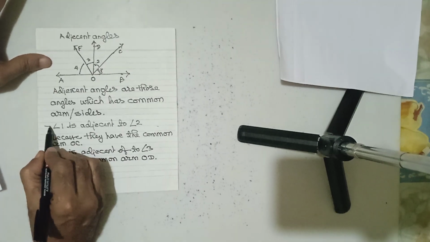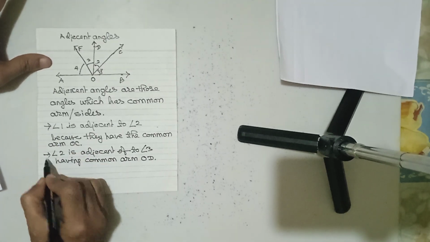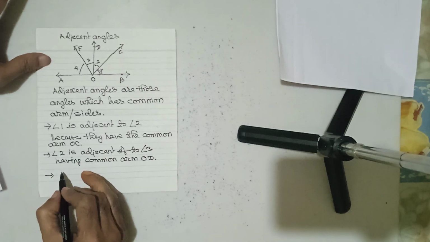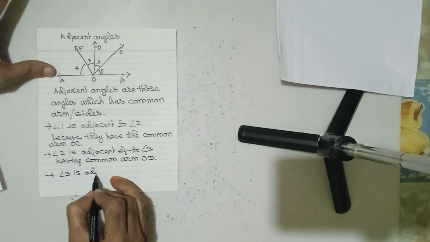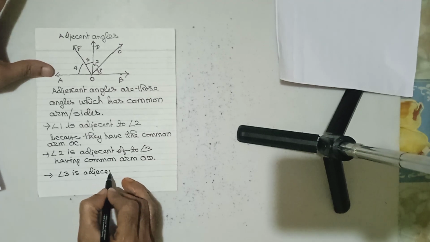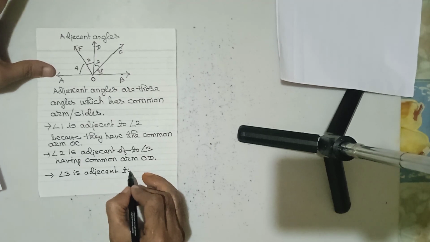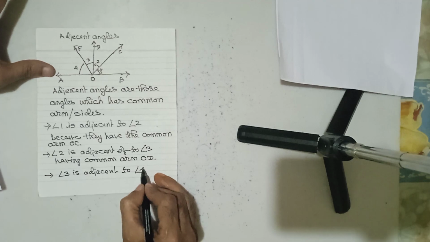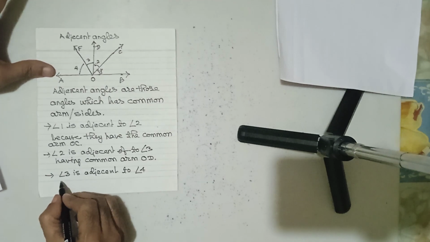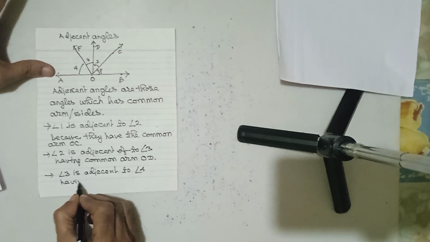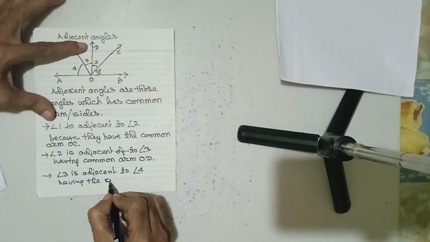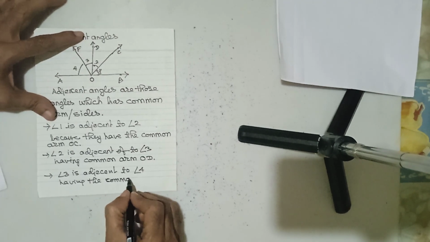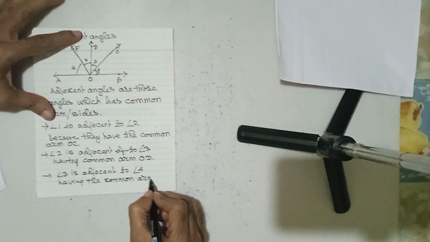Similarly, angle 3 is adjacent to angle 4. Because why? Because they have the common arm OF.